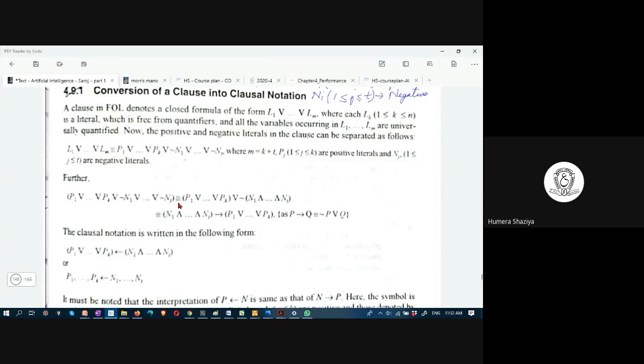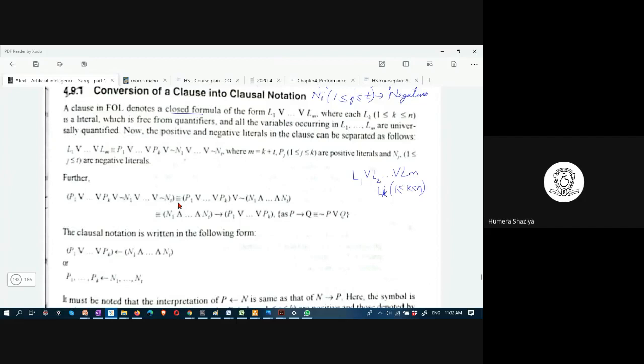A clause in first order logic is a closed formula of the form L1 union L2 and so on up to union Lm, where each literal, k greater or equal to 1 and less than n.